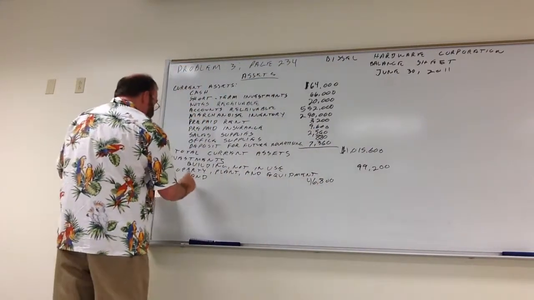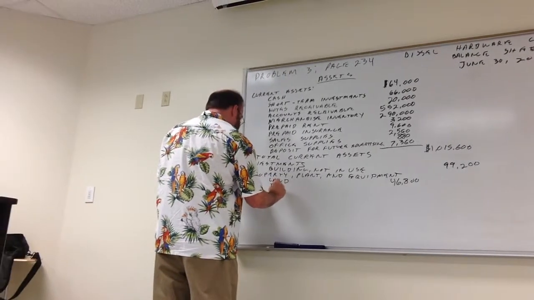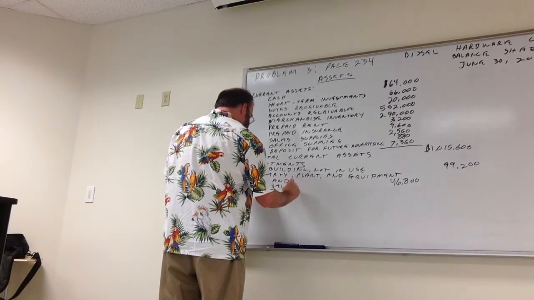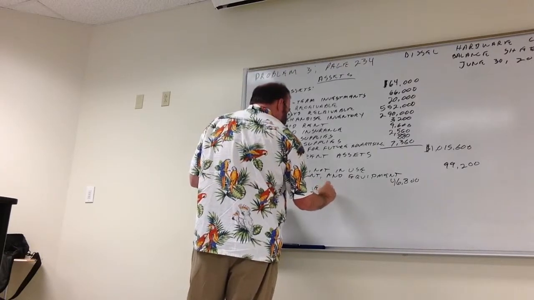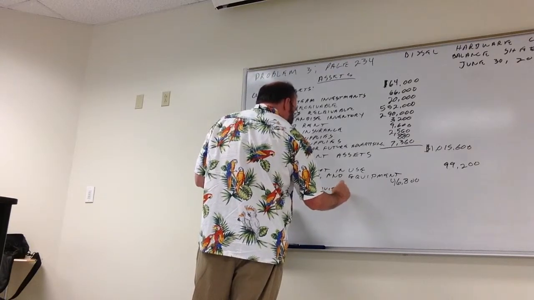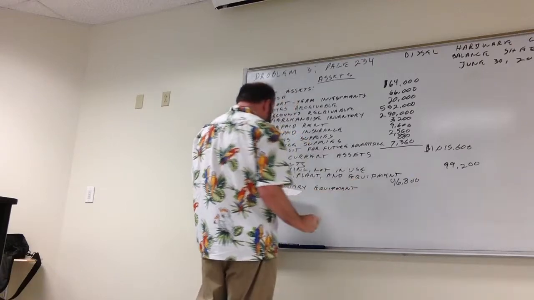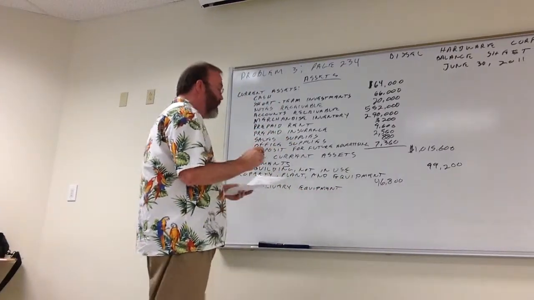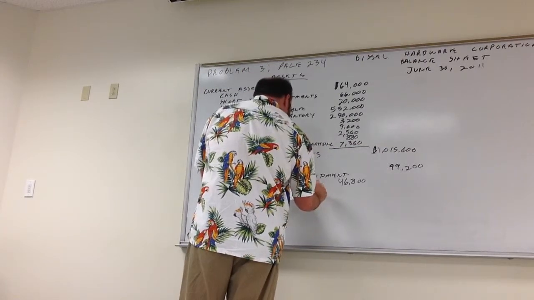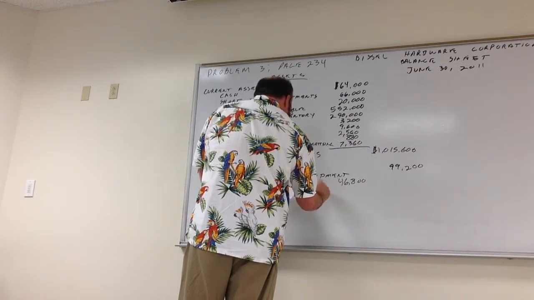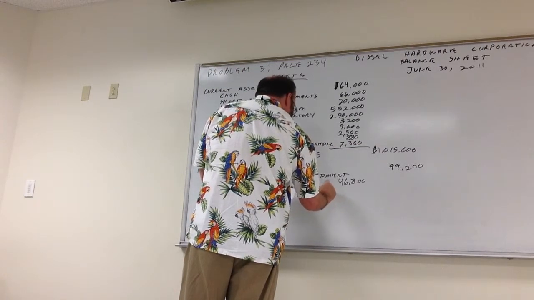And we have some delivery equipment. Delivery equipment is depreciated, so I'm going to use a third column for it. It has an original cost of $82,400.